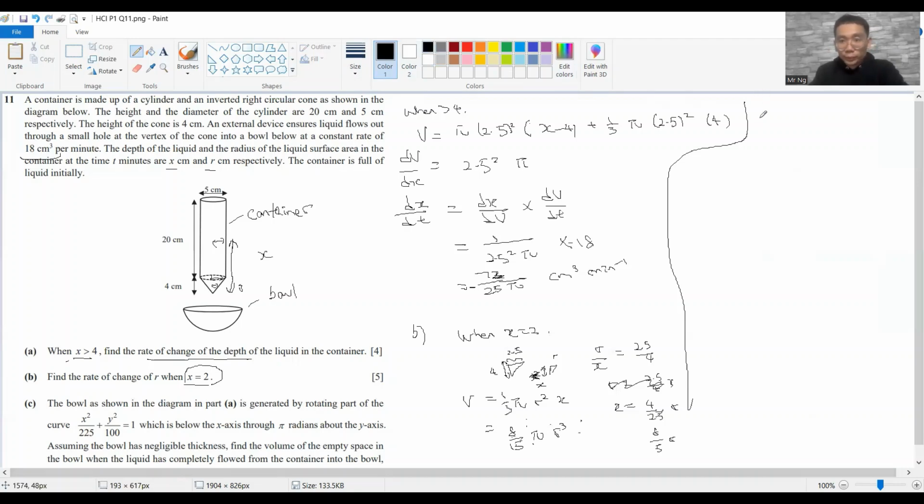So here will be dV/dr equals to 8/5 pi r square. Then after that, we want dr/dt. So dr/dt is dr/dV times dV/dt, equals to times minus 18.